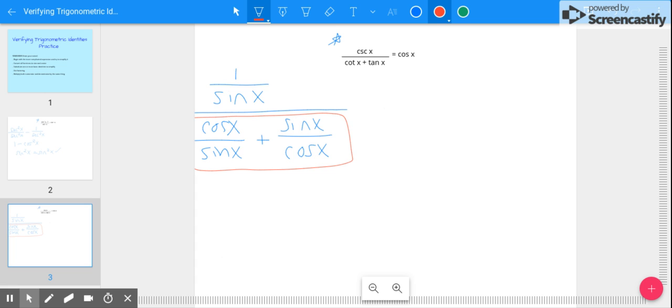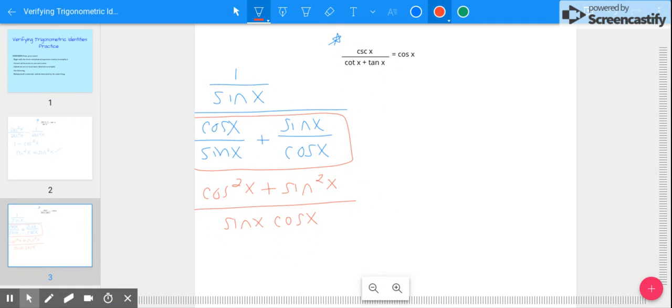So I'm going to multiply the sine x times the cosine x, which means I'm also going to multiply the diagonals. So when I do that, I'll multiply across, get cosine x times cosine x, so cosine squared of x. The numerator over with sine of x will multiply the two sine of x's together and get sine squared of x, and then our denominator is just the multiplication of the two.